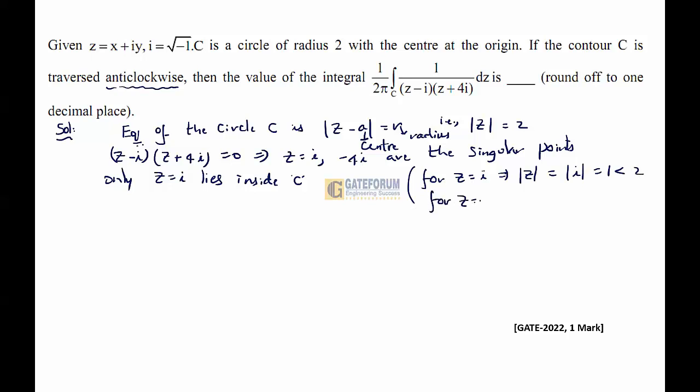For z is equal to minus 4i, find the left hand side value in the curve equation: mod minus 4i is 4, which is greater than 2. So 2 is the RHS value, 1 is the LHS value for i, and 4 is the LHS value for minus 4i. So this point is outside.